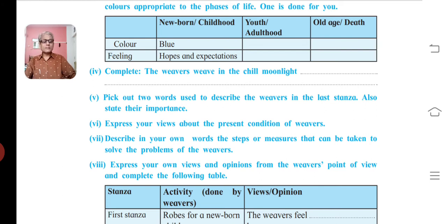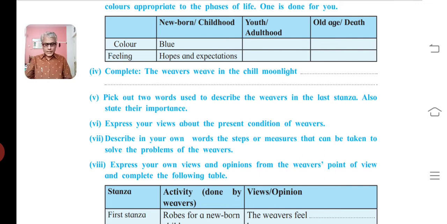Solemn and still are the 2 words used in the last stanza to describe the viewers. The words describe the occasion for which the craftsmen or the weavers are working.